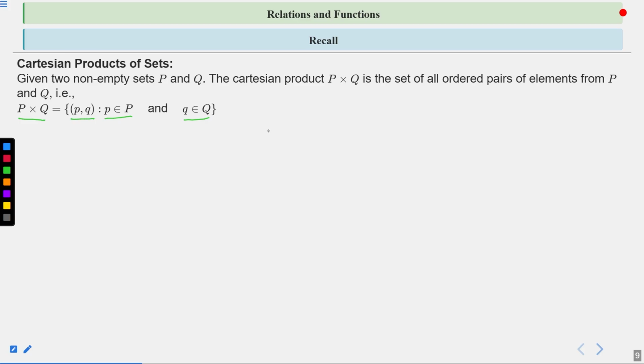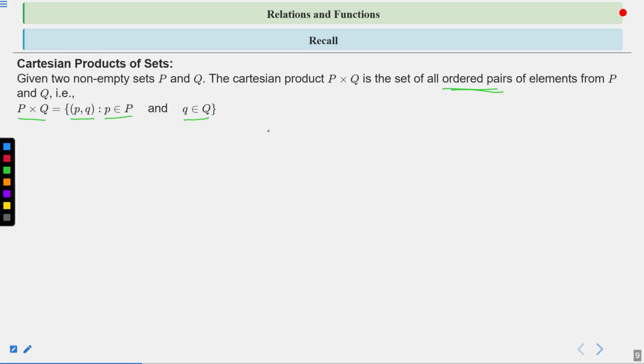Simple. And what do we mean by ordered pair? This is a very important term here. Suppose (p1, q1) is some pair in this P cross Q and (p2, q2) is another pair. When are both pairs the same? That only happens when p1 is the same as p2 and q1 is the same as q2.